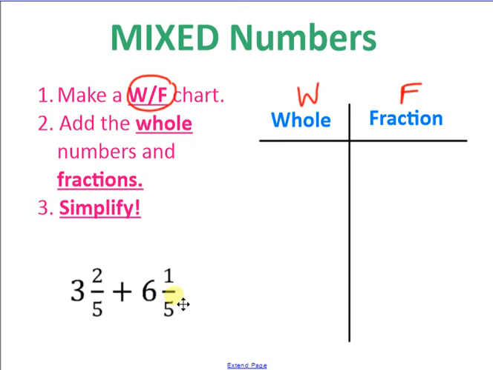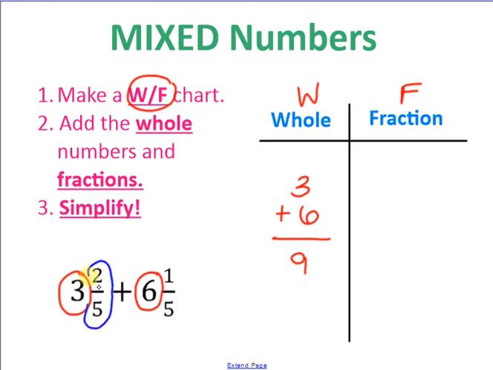And then here's your problem. 3 2/5 plus 6 1/5. And all you do is you pick it apart. So you take apart the whole numbers, so 3 and 6, and you add them up on this side. 3 plus 6 is 9, and you're done with your whole numbers. Then you have your fractions.